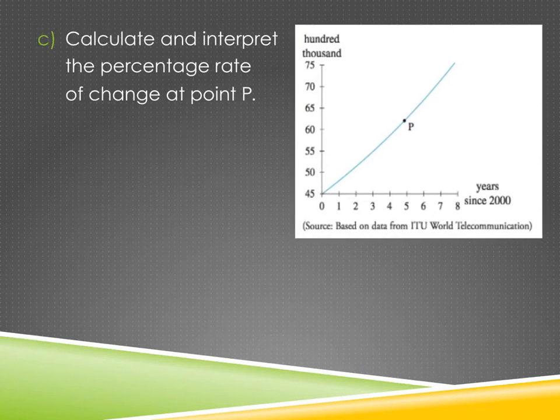Ooh, calculate and interpret the percentage rate of change at point P. Okay, so I gave you a formula a minute ago for percentage rate of change, and it looked something like this: F prime of A over F of A times 100.